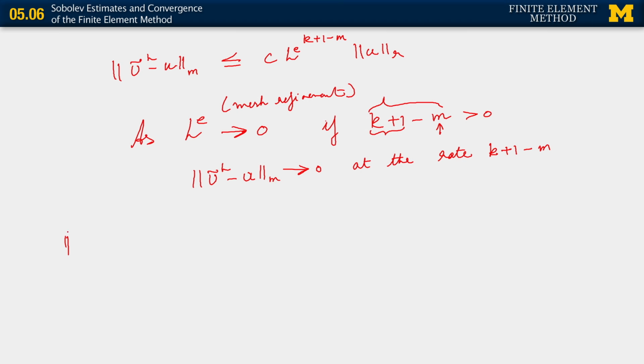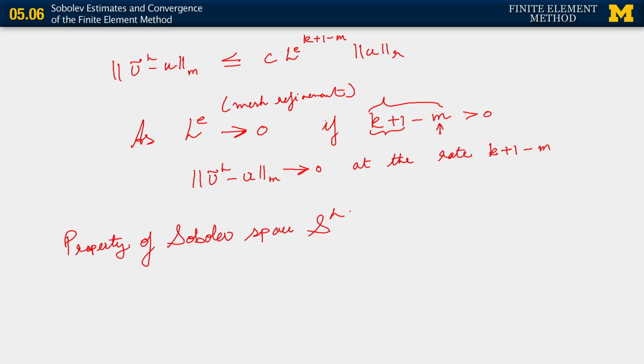We should note that this property comes to us directly from the Sobolev space, right? We are not saying anything yet about the finite element solution. This result is a property of our Sobolev space S^h, okay?